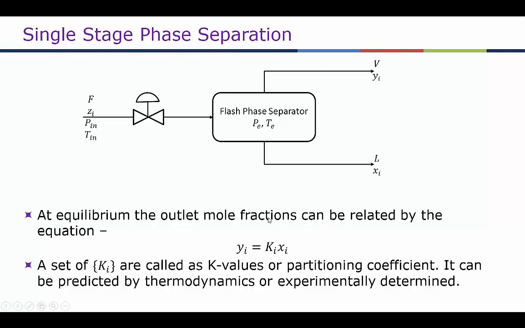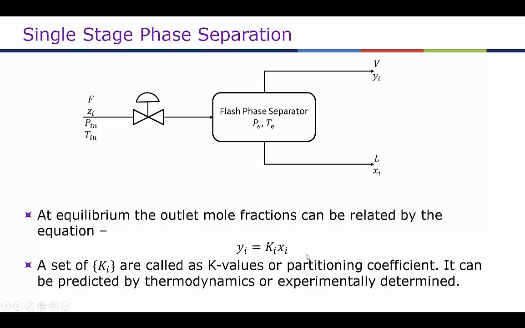The partitioning coefficient can be experimentally measured, or can be thermodynamically predicted. So we will look at the equation for thermodynamics later, but let's say from experiments we know what the Ki value is.